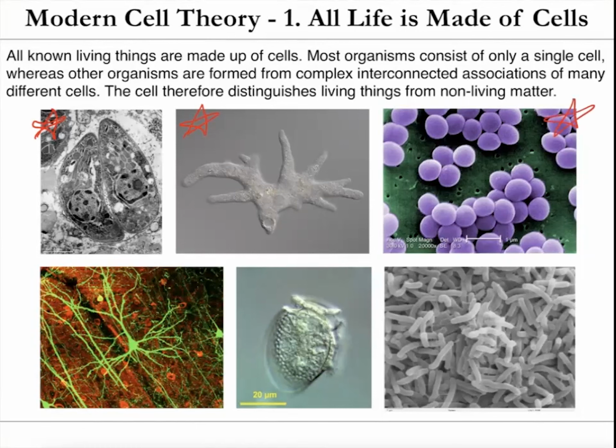Here is a neuron, which, as you can see, is very different in morphology than other cells. Here is another single-celled eukaryote, and here is another bacteria, Vibrio cholerae. So all living things are made up of these individual units called cells, even though they may differ quite a bit in their size and shape.